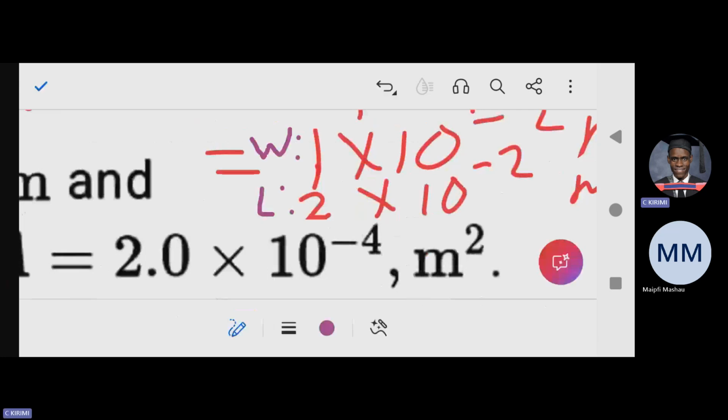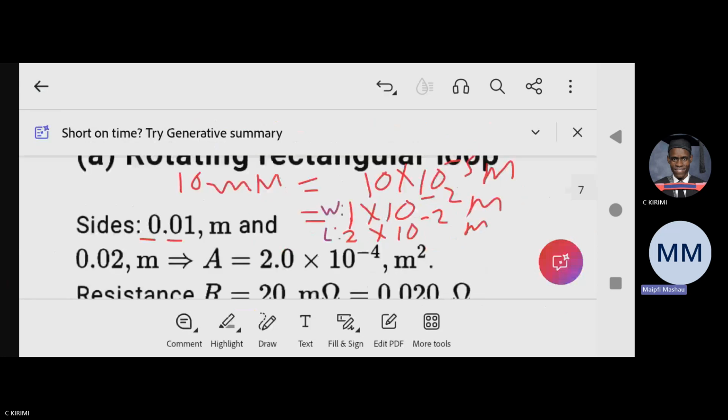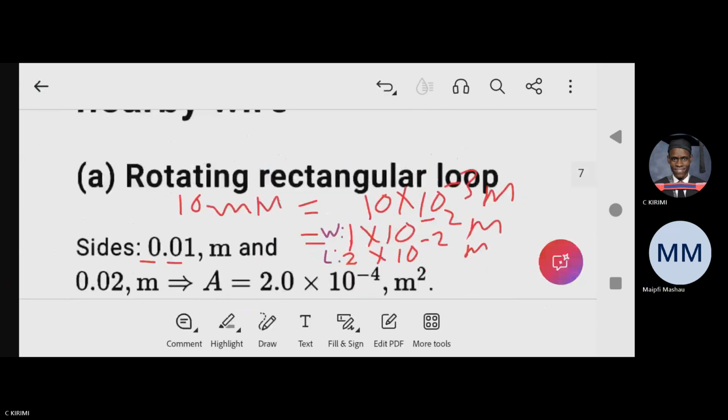Any question so far? If you are told to calculate the area, you're multiplying the dimensions. 1 times 2 is 2. 10 to the power negative 2 times 10 to the power negative 2, you get 10 to the power negative 4.